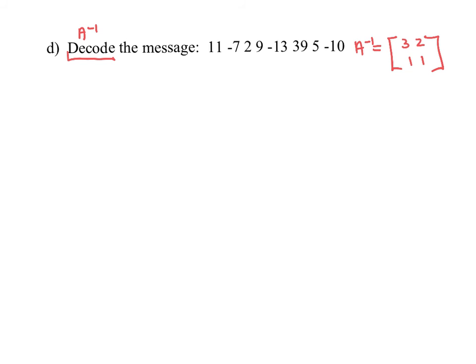Because that's 2 by 2, I'm going to put the message I'm trying to decode in 2 columns: 11, -7, 2, 9, -13, 39, 5, -10. Again, if there had been an extra space with no letter, I would put a 0 in it.